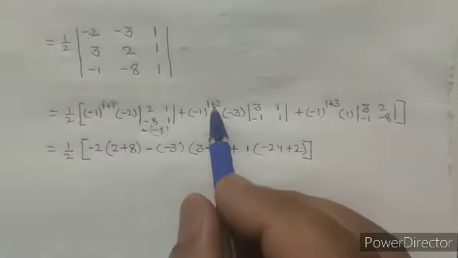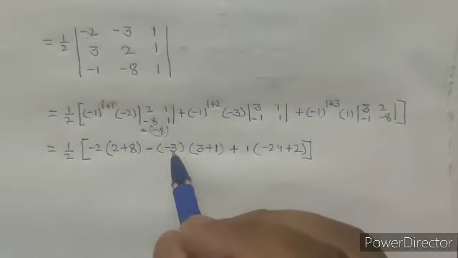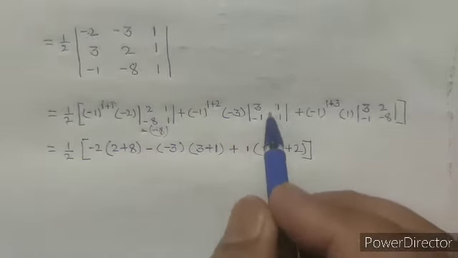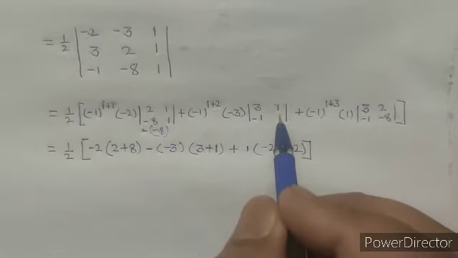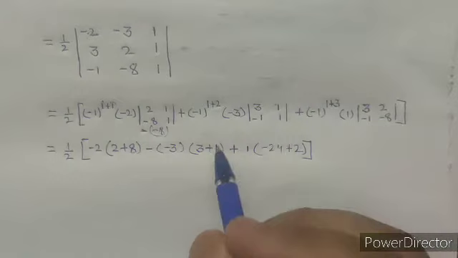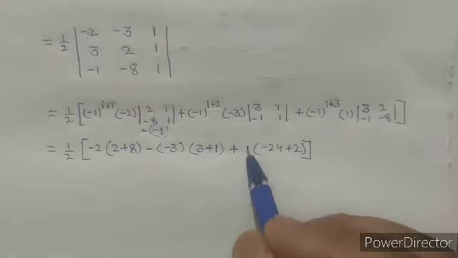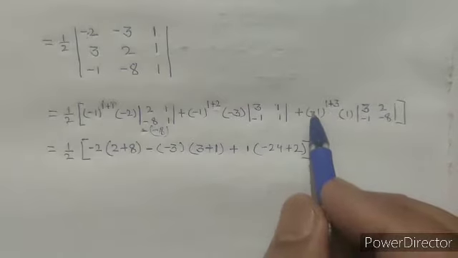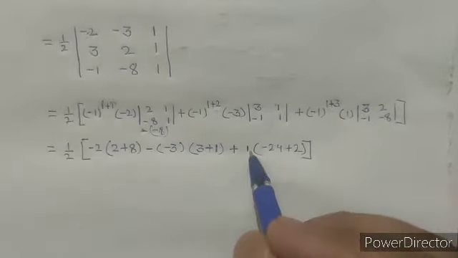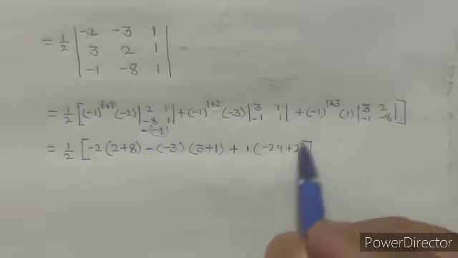Now this will be minus 1 raised to power 3 will give us minus 1 into minus 3. Now determinant of 3 1 minus 1 1 will be 3 into 1 will be 3, minus 1 into 1 will be plus 1. Now minus 1 raised to power 4 will give us 1 or positive sign into 1 will be 1 and determinant of 3 2 minus 1 minus 8 will be minus 24 plus 2.